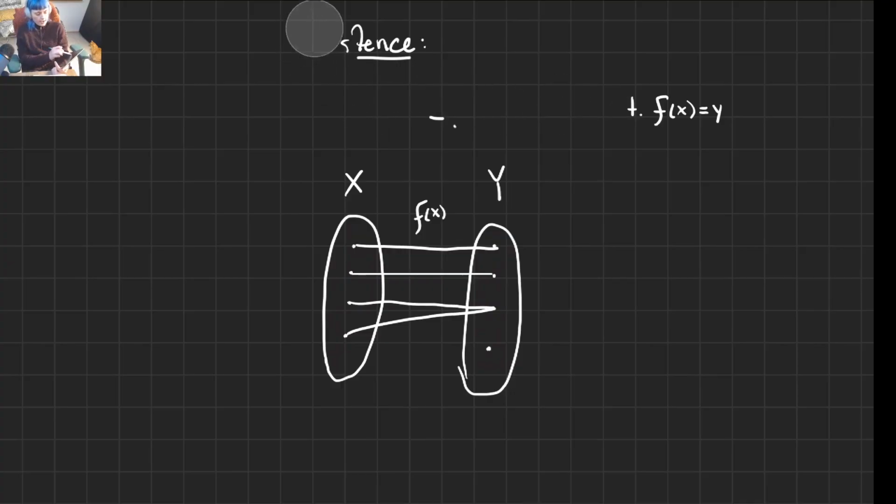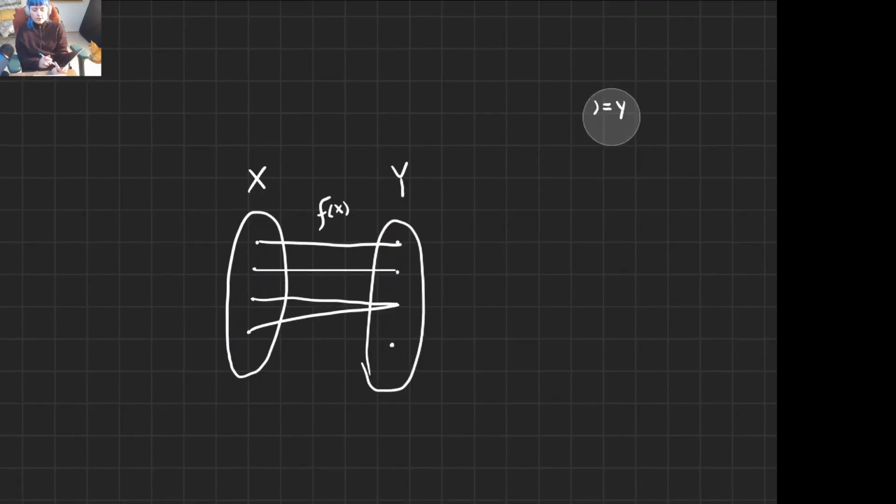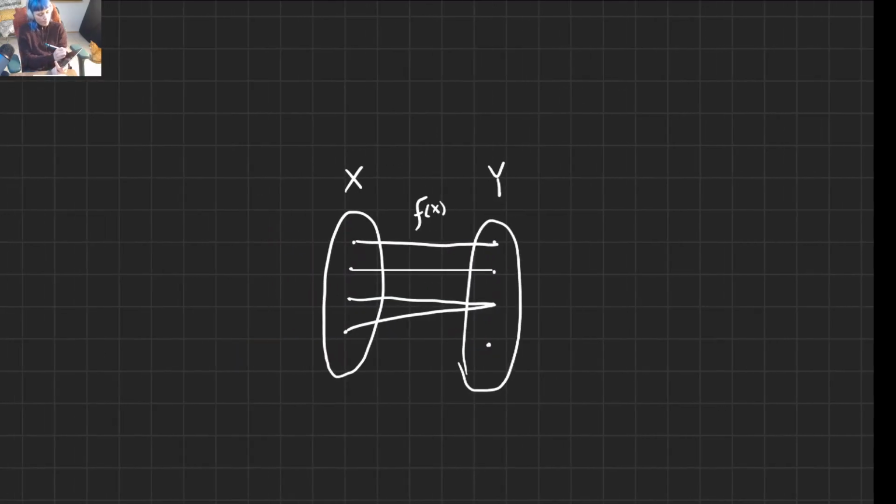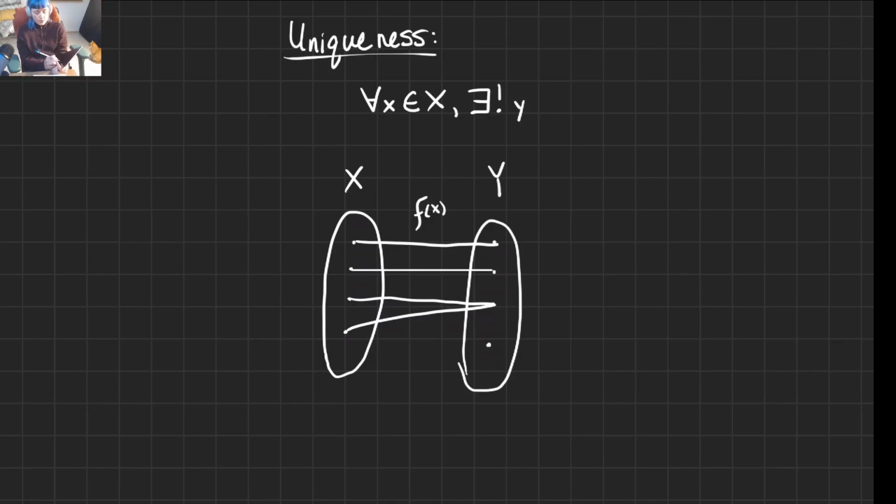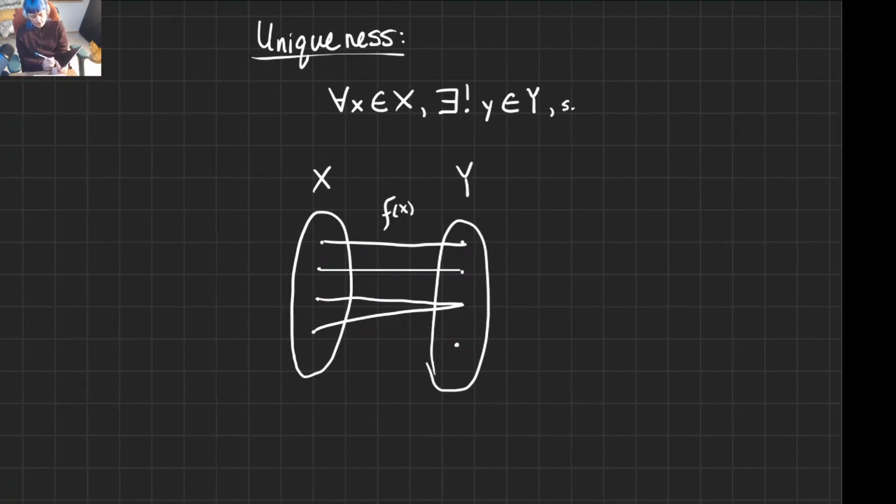So let's go ahead and talk about uniqueness. So uniqueness also quantifies over the domain. It says that for every value x that exists in the domain, there exists exactly one value in the range, such that f of x is equal to y.